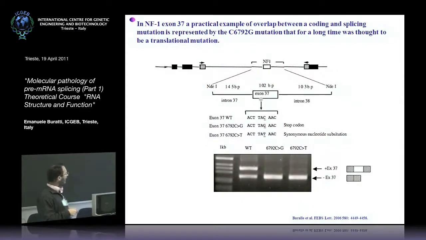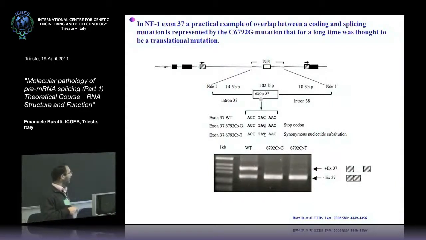So this is quite important for screening and diagnostic purposes, because if you think that this change, TAC to TAG, only had an effect on the protein coding potential of the gene, then when you encounter a patient that has TAT, you say, well, this is a harmless mutation because TAC and TAT code for the same amino acid.